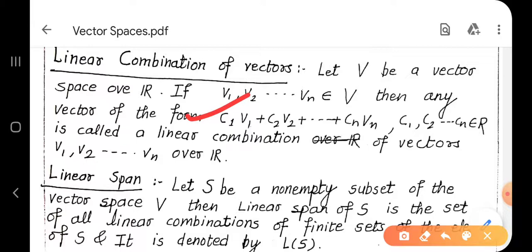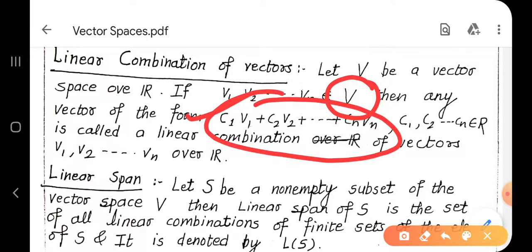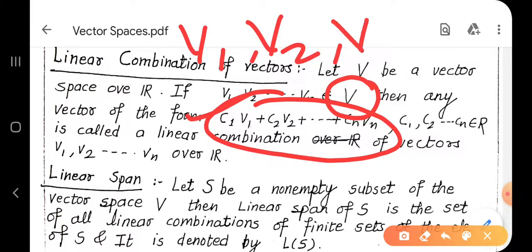And the very important point we are going to define here: suppose each element of vector space V can be expressed as c1 v1 plus c2 v2 plus cn vn. The c1, c2 may be different, but it can be expressed in terms of the set of vectors v1, v2, dot vn.